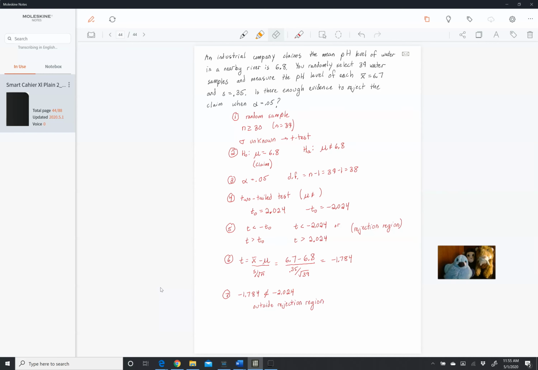Okay, I can write in here that it's not greater than. Seems like it would be obvious because one is negative, one is positive. But it's not either of those things. So this means we don't reject, or we fail to reject, the null hypothesis.